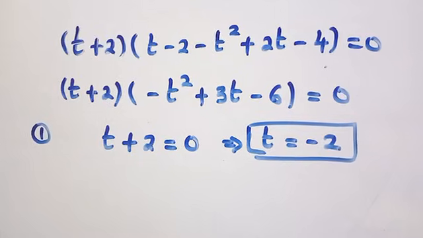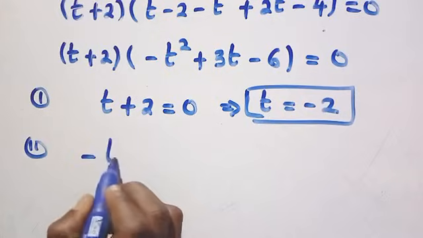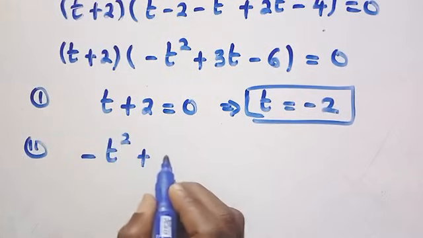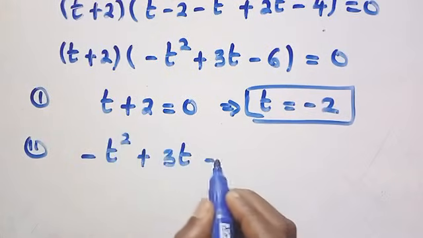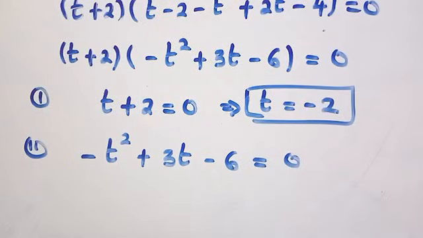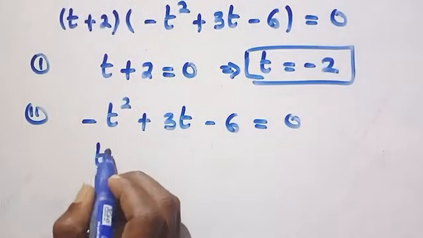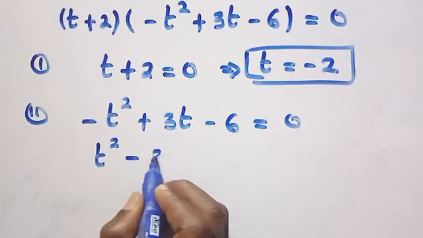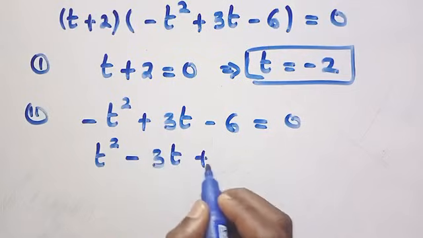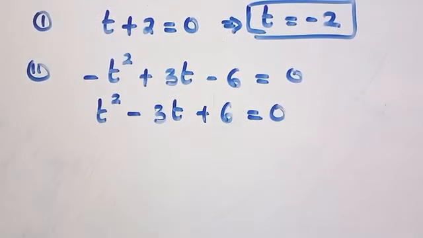And also, in the second one, we have minus t squared plus 3t minus 6 equals 0. So let's divide everything by negative. We have t squared minus 3t plus 6 equals 0. So this is what we have, and then we have this as a quadratic equation.